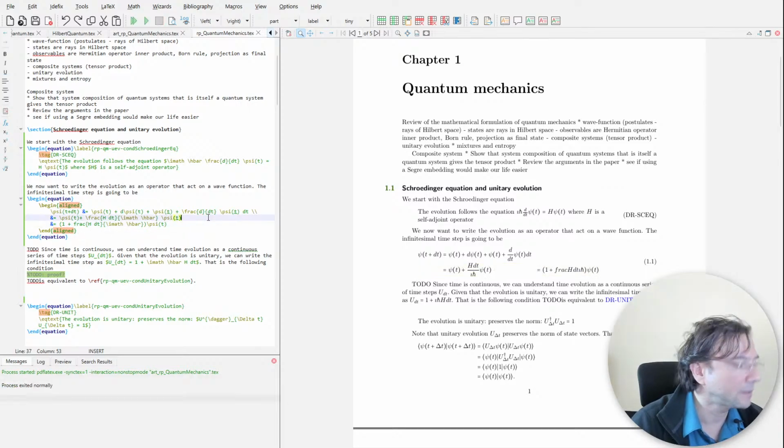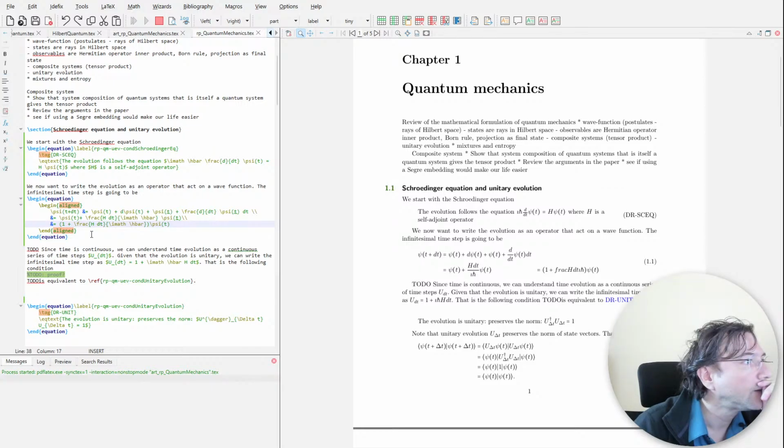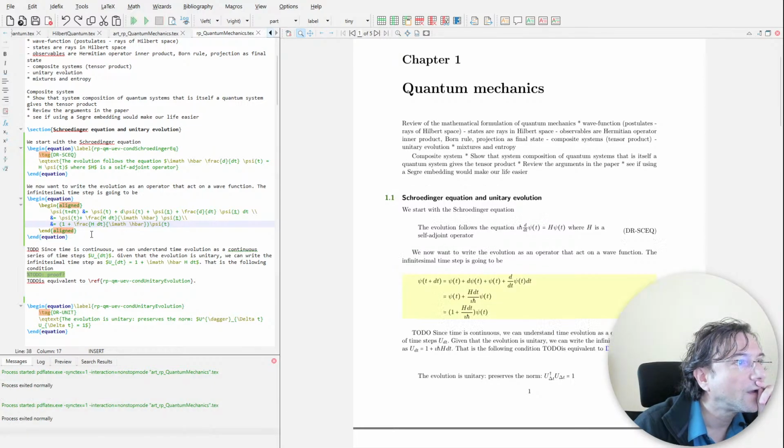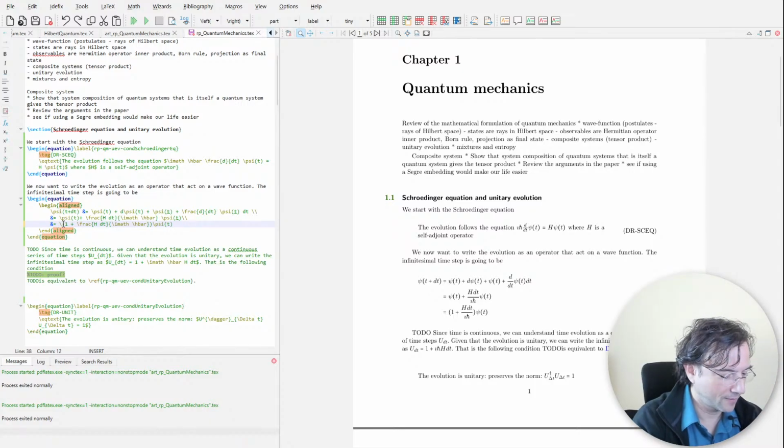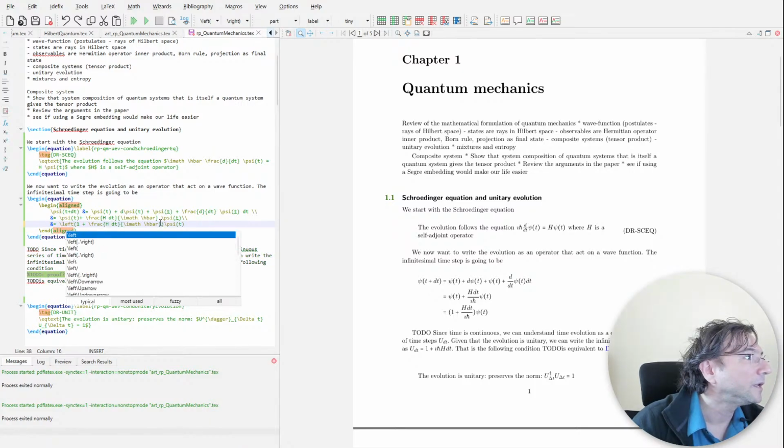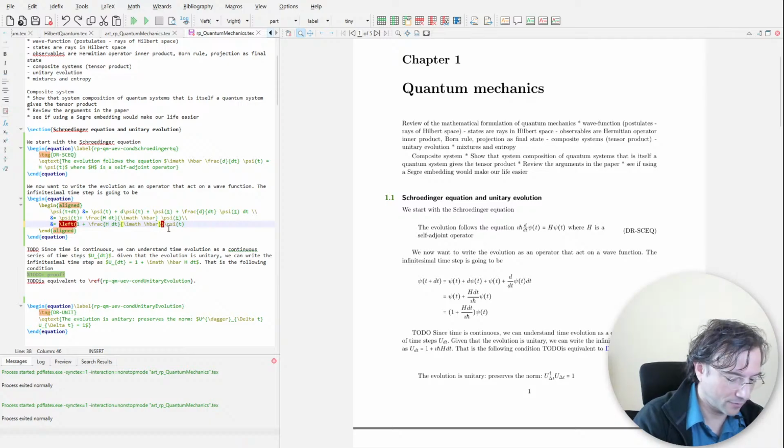And we need this, and we need the backslash here. And we need the left, and we need the right.